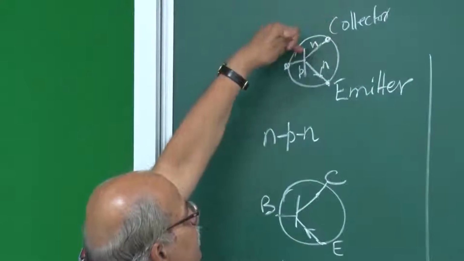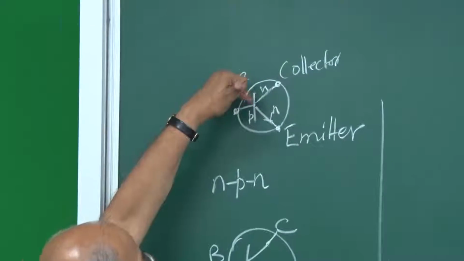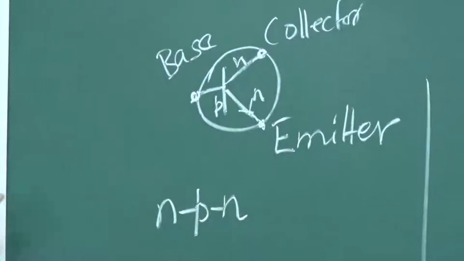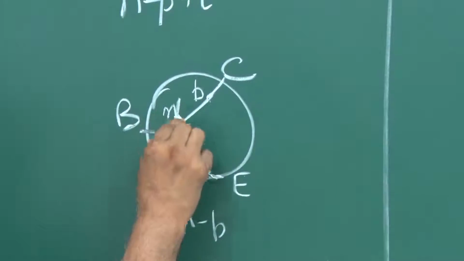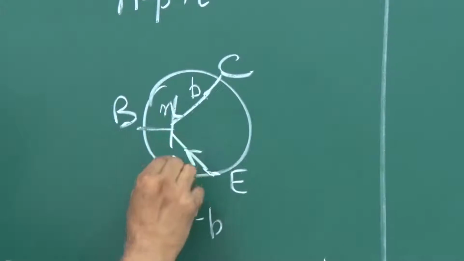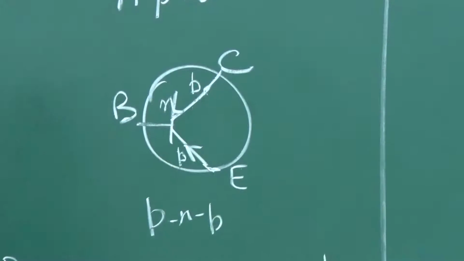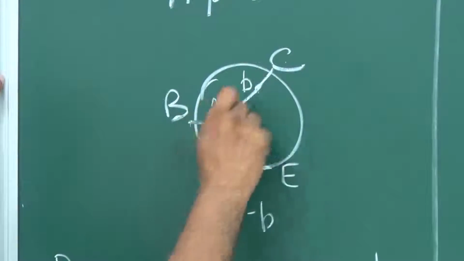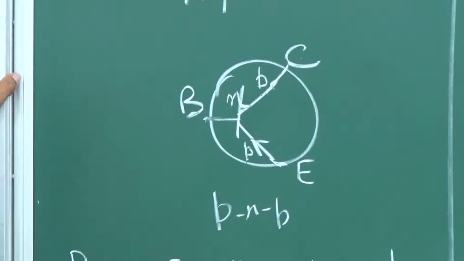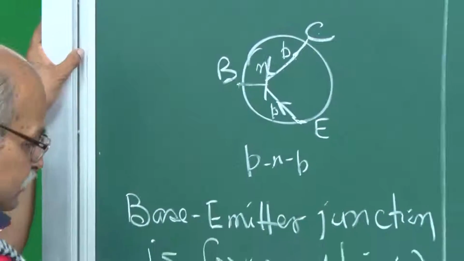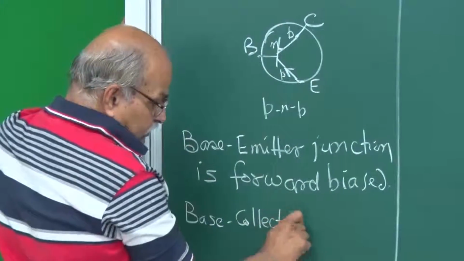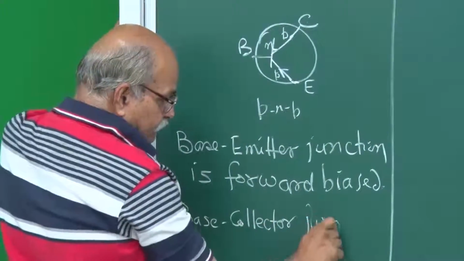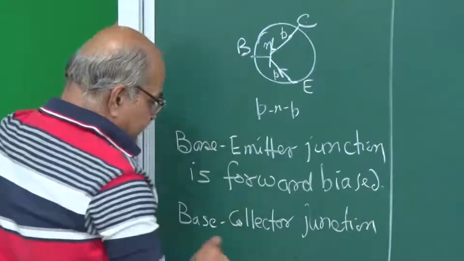The other junction is at the base and collector. Here, this is base, this is collector, this is PNP. So, this is P and this is N. So, this is base collector junction. So, what happens here? Base collector, how do we connect that? So, in normal operations, base collector junction is reverse biased.